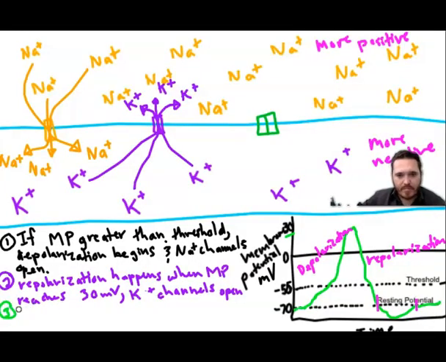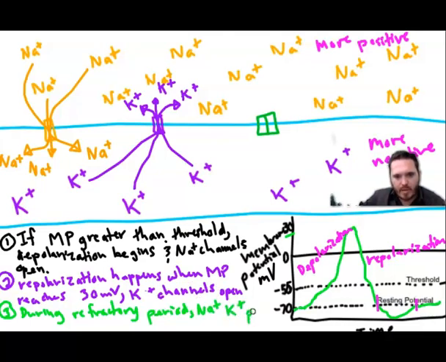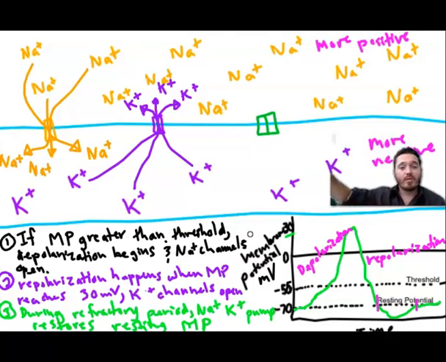So just write, during refractory period, sodium-potassium pump restores resting membrane potential. Okay, and there you have it. That is an action potential that does get propagated along the neuron.